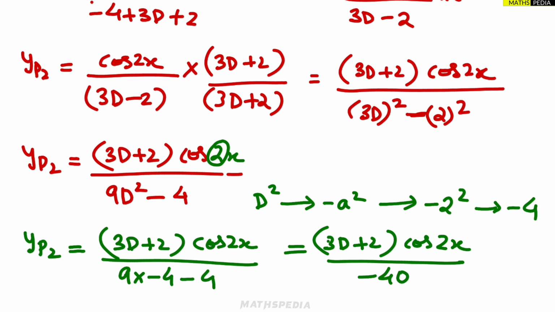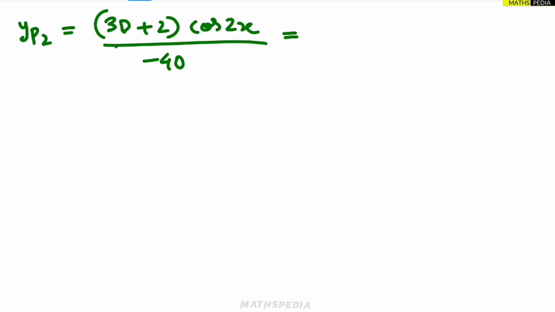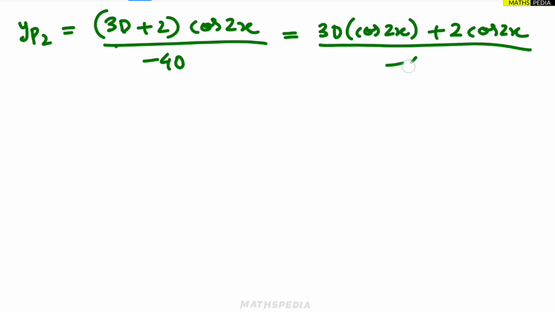No. Numerator d value is fine because here one function is sitting with respect to x. What will happen? Open this bracket. So when you open this bracket, it will be 3d into cos 2x plus 2 cos 2x whole divided by minus 40. Now what is the meaning of d? D meaning is nothing but d by dx.